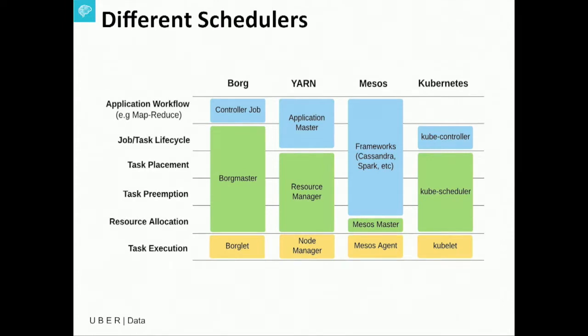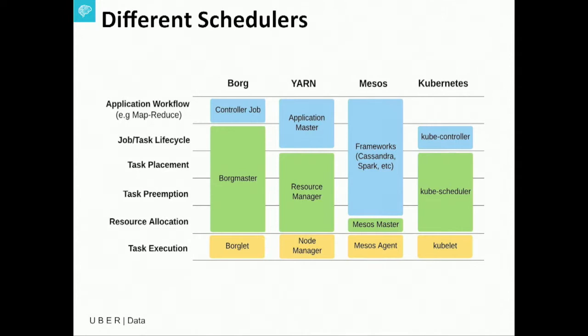Job task lifecycle, task placement, task preemption, and resource allocation are done on the Borg master, and task execution happens at the Borglet level. In Yarn, job task lifecycle and application workflow happen at the application master level. The rest happens at the resource manager layer, and task execution happens at the node manager level.